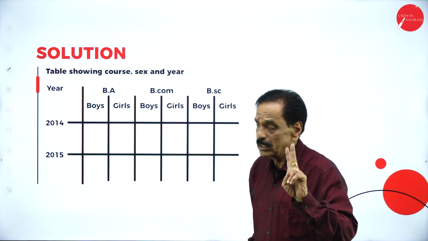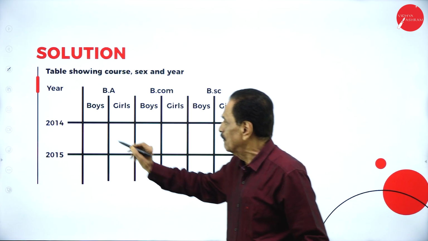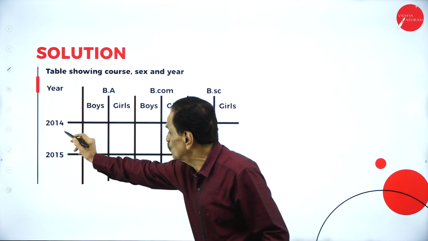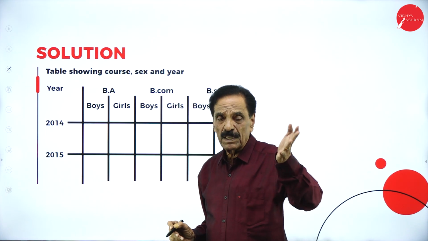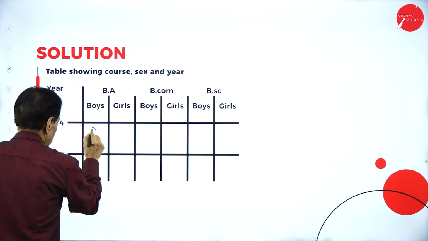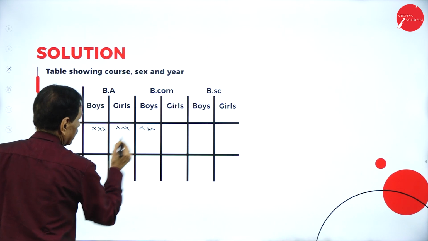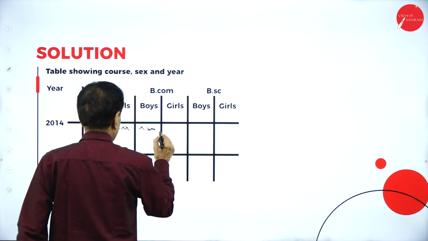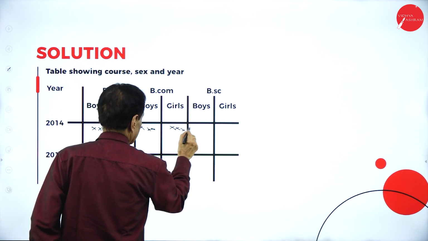Which are the 3 courses given? BA, BCom and BSc. Which are the years they have given? 2014 and 2015. So sex means boys, girls, total. Boys, girls, boys, girls.